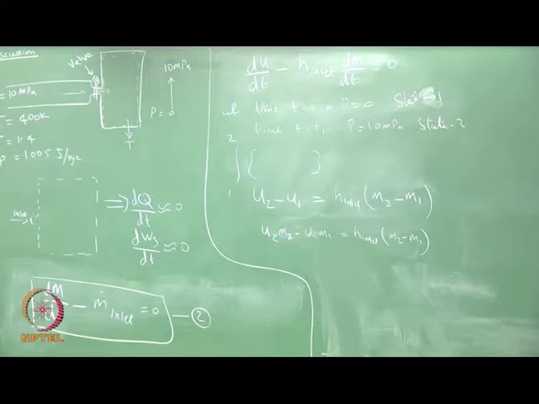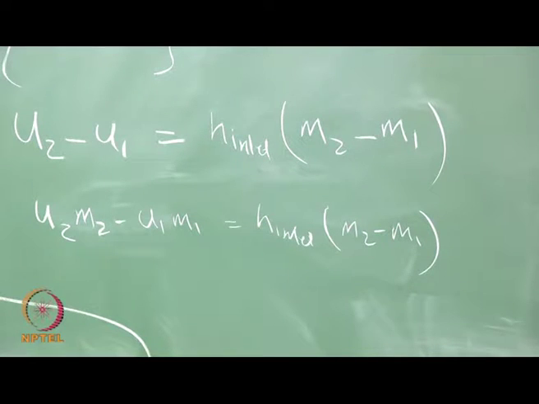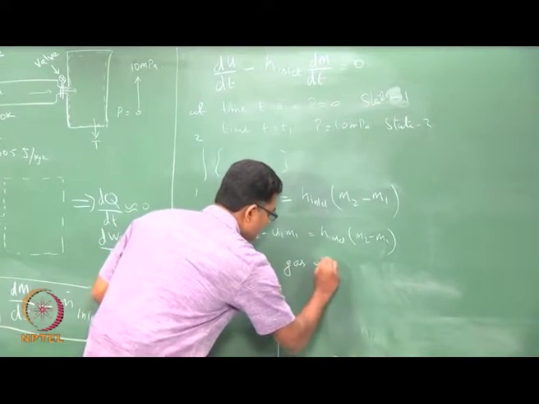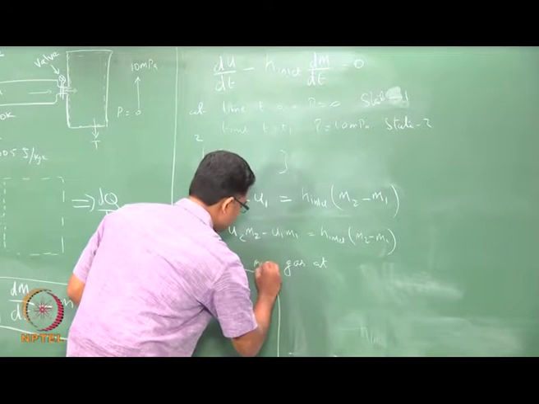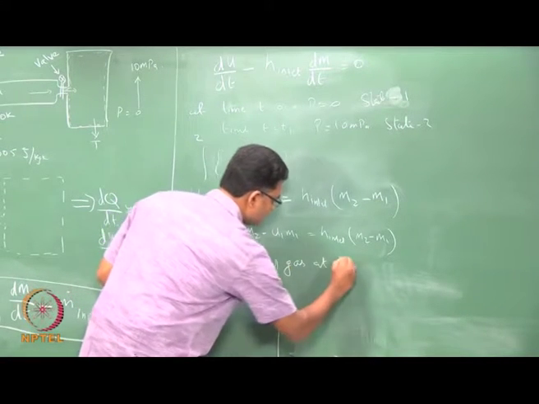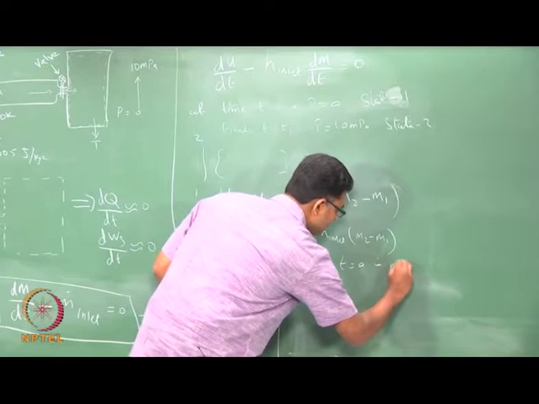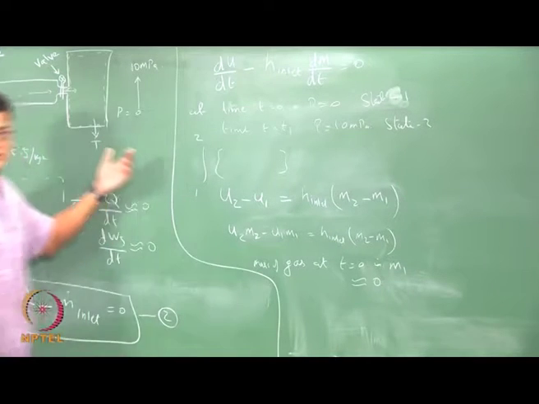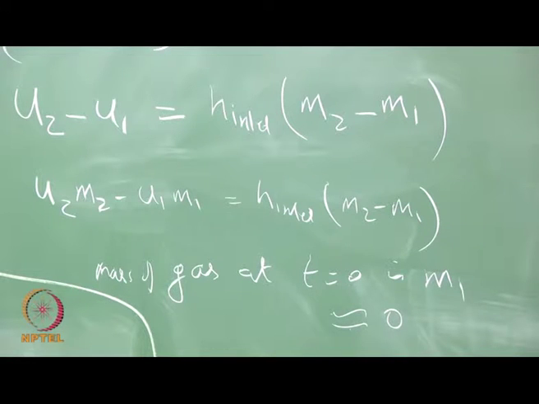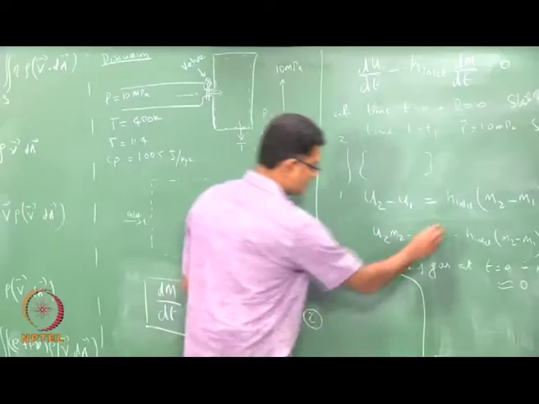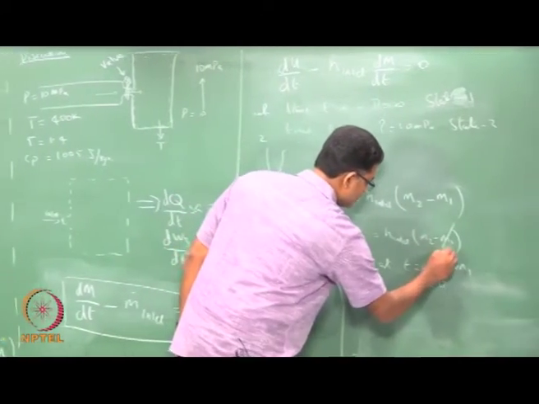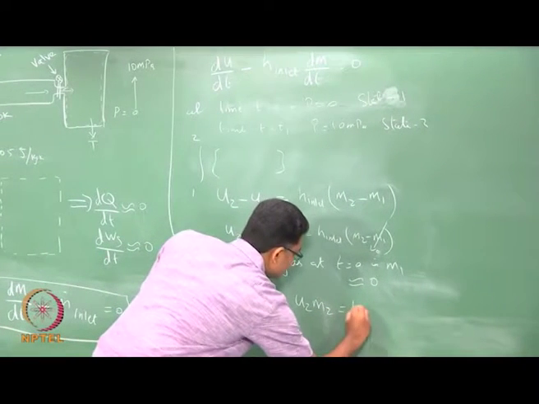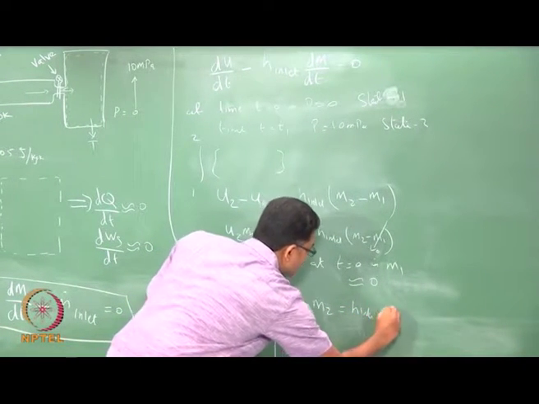What is m1? m1 is the mass of gas at T equals 0, which is 0, because initially the cylinder was empty, which means this is 0, this is 0. So, your U2 m2 equals H inlet into m2.